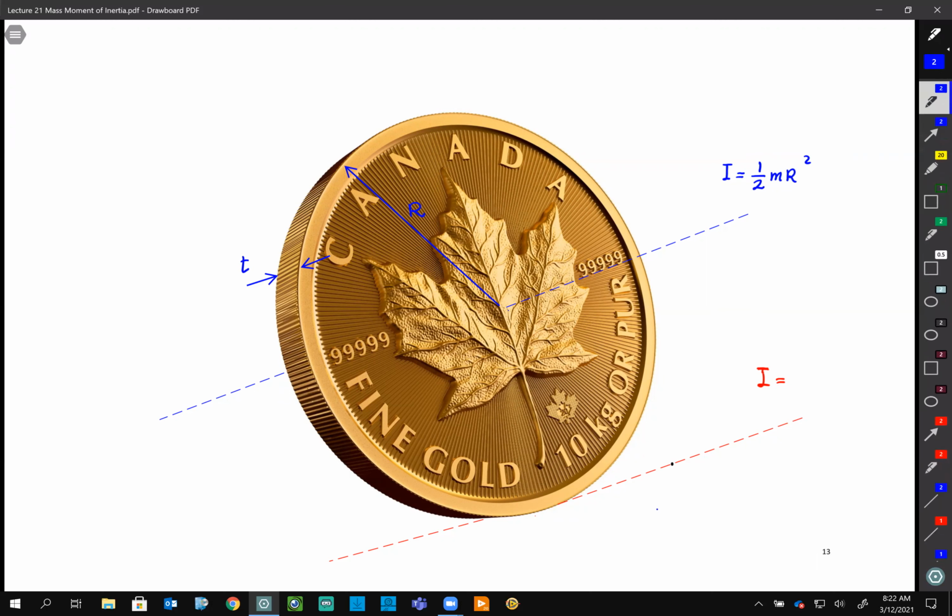So here is the question then, right? We want to know what is I. Just a general formula. You don't need to substitute any values.